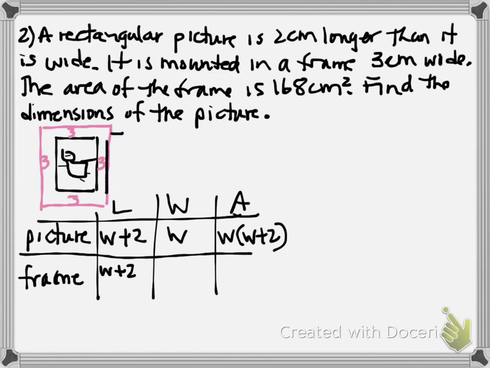But this piece is 3, and this piece is 3. So when I'm putting in my dimensions, I'm adding 3 from the top, and I'm adding 3 from the bottom for a grand total of W plus 8. I'm going to clean that up. That's not too pretty.